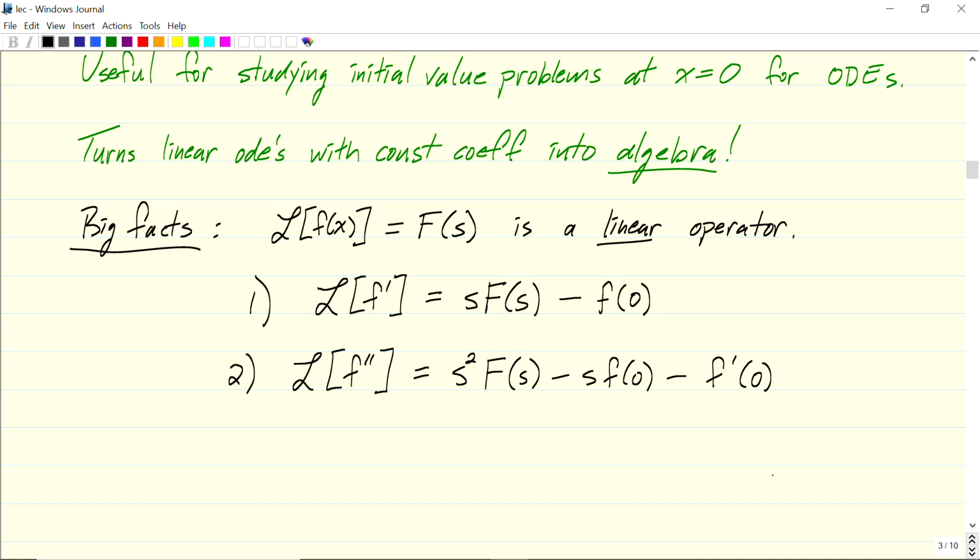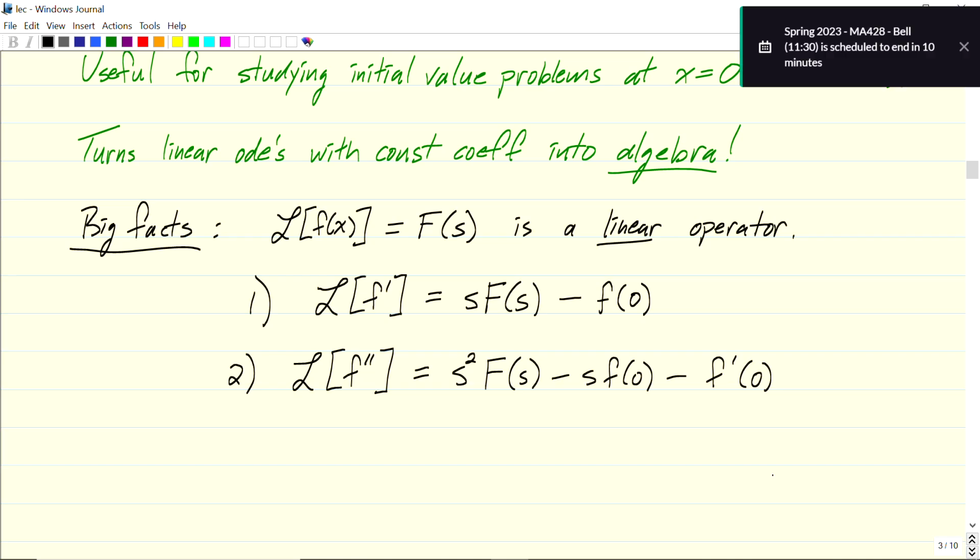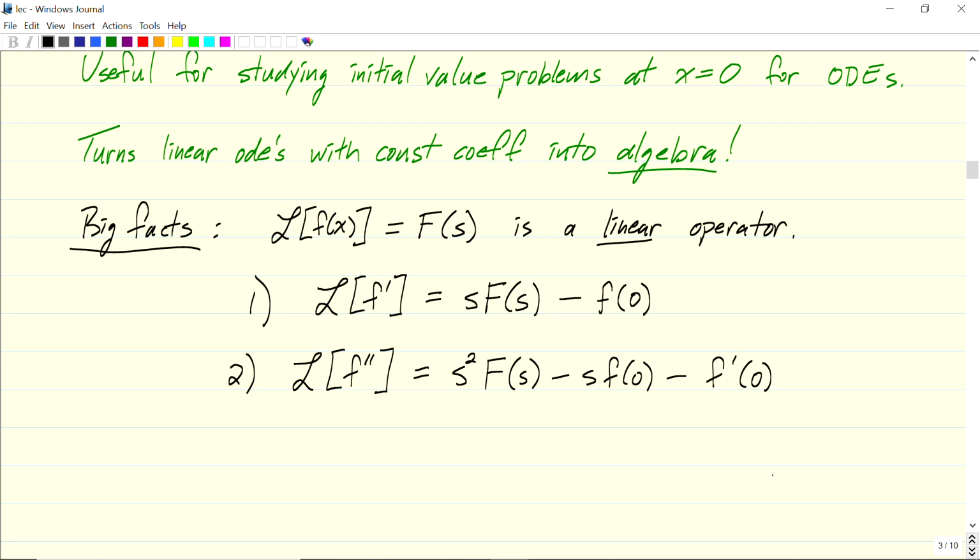Hopefully you can solve for capital F of s, if you know a lot about a lot of transforms, and then undo the Laplace transform. I've probably been saying Fourier by accident, but I mean Laplace. Of course, that's the hard part.